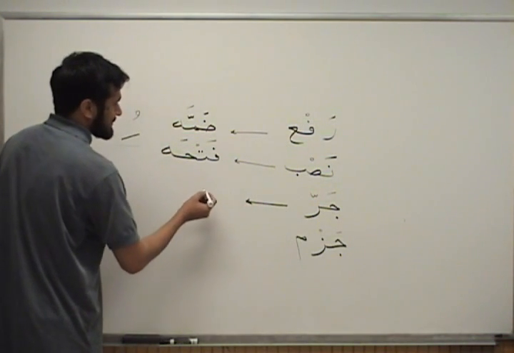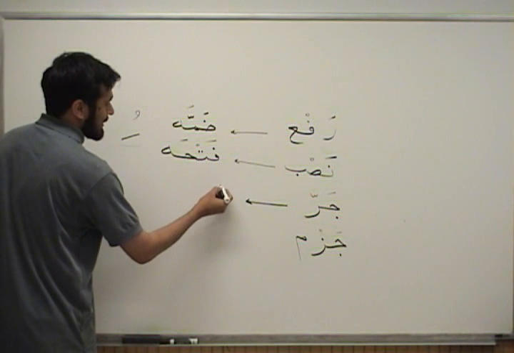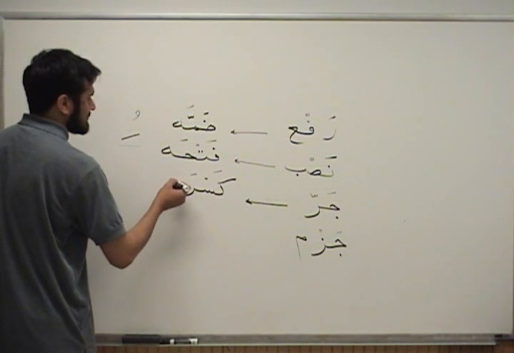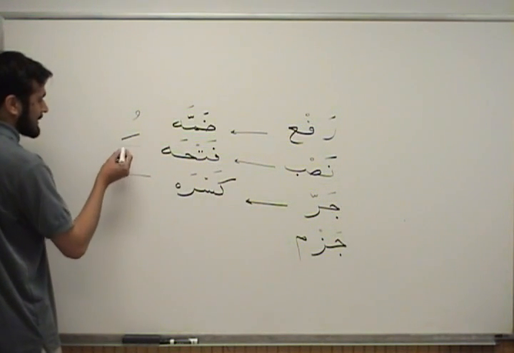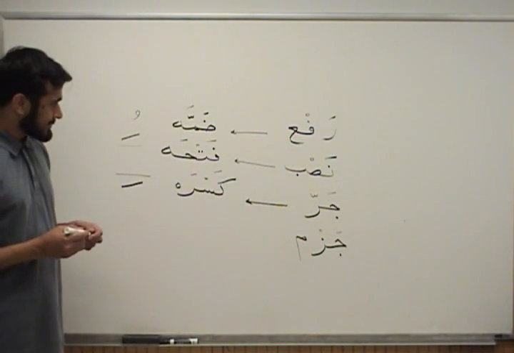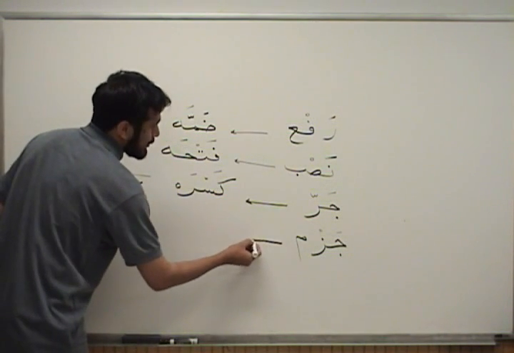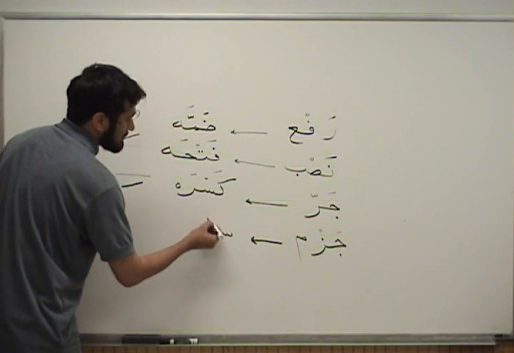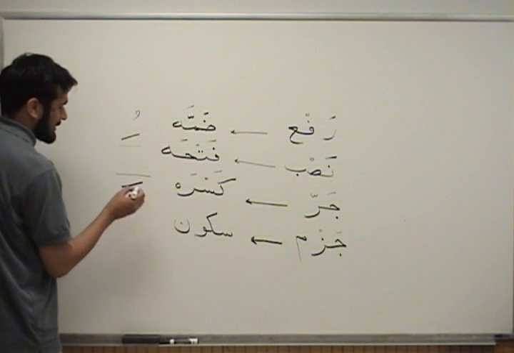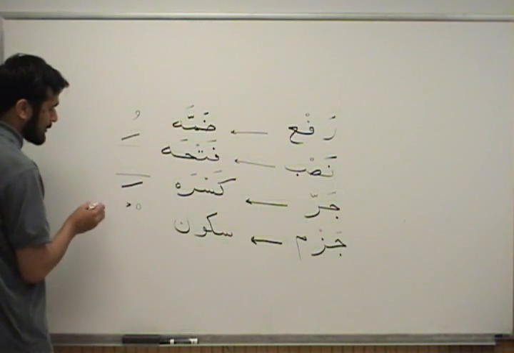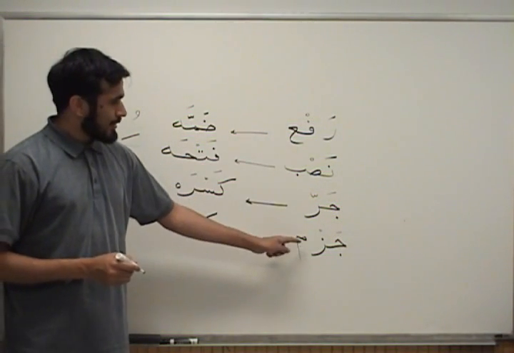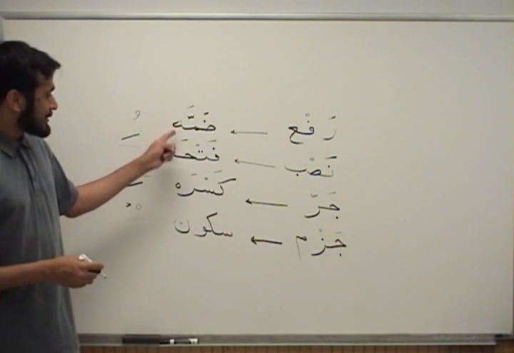And then Jar is represented by Kasra, which looks exactly like Fatha, but it is written below the letter. Jazm is represented by Sukun, which is written like a circle or like a hook on top of the letter. So these are different states of a fi'l or an ism, and these are their manifestations.